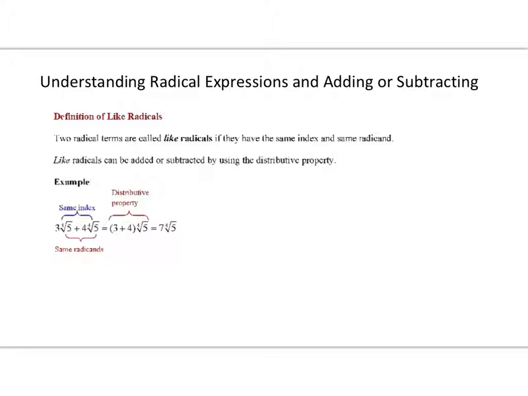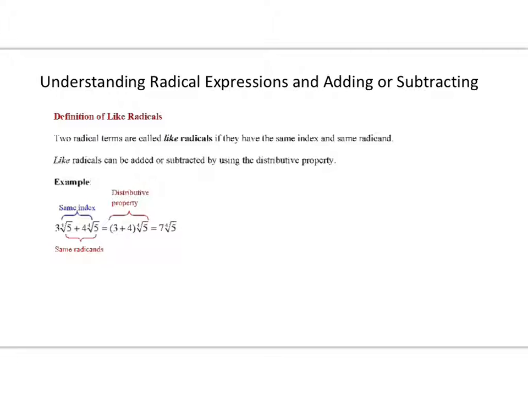The definition of a like radical is: two radical terms are called like radicals if they have the same index and the same radicand. Like radicals can be added or subtracted by using the distributive property.